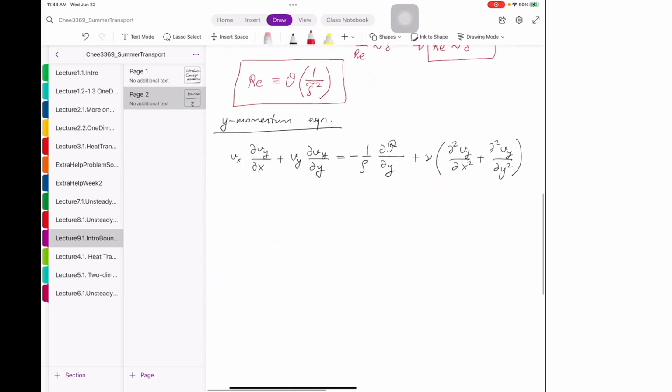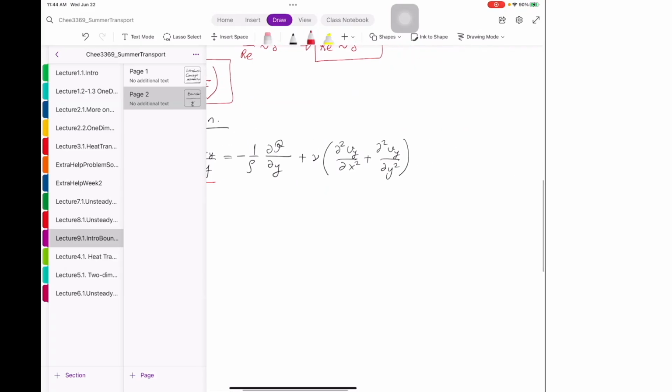Okay, for the y momentum, again, let's divide by not Vy infinity, but Vx infinity, or in other words, V infinity squared divided by L to non-dimensionalize the y's as well.